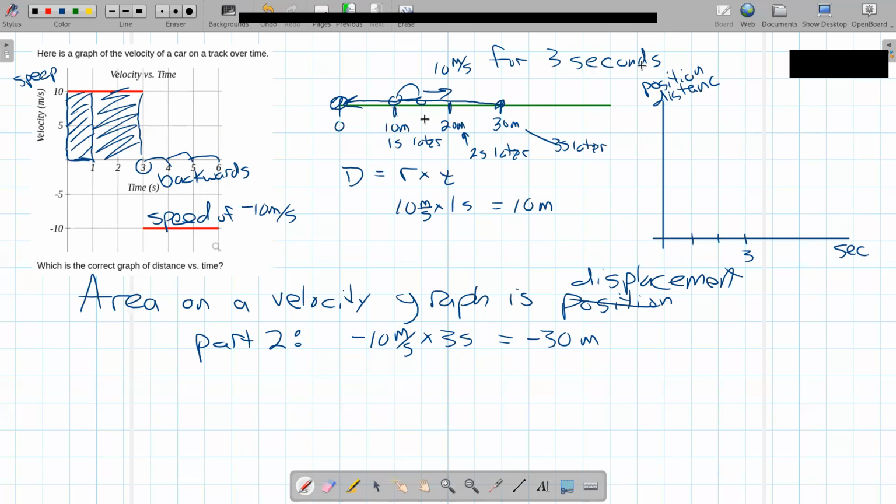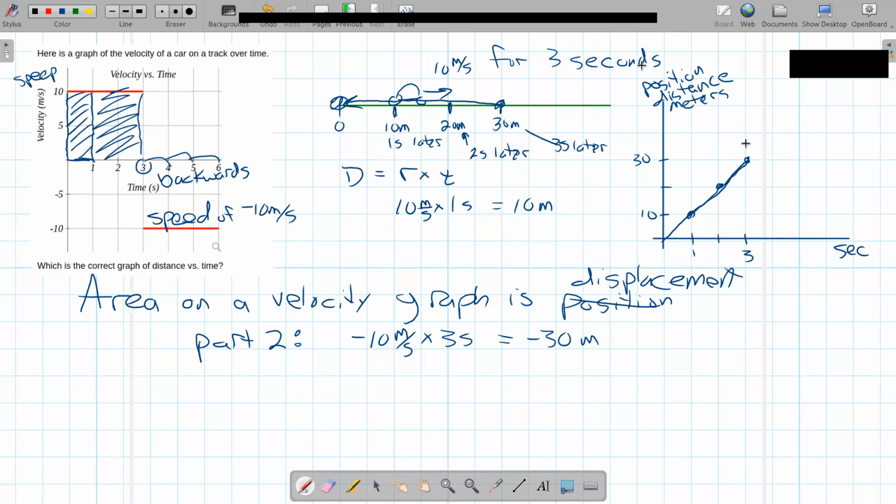And let's see, we get 30 meters away. So let's just go 10, 20, 30, and these are meters. Right, 1 second later, I calculated that it was 10 meters away. 2 seconds later, it was 20 meters away. 3 seconds later, it was 30 meters away. So its position graph looks like that for the first 3 seconds.